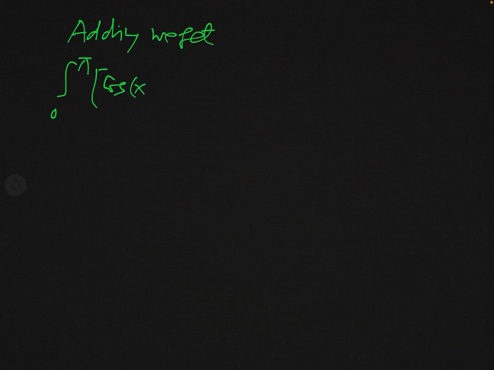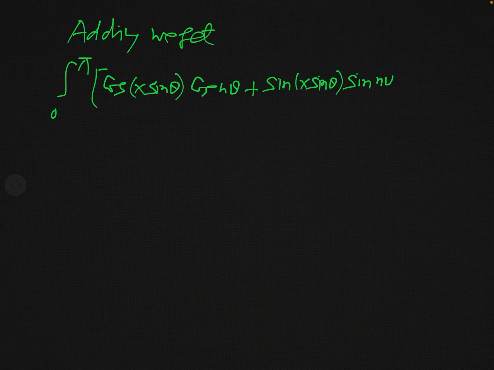So you can easily say that after adding these two equations, you can see this is integral 0 to pi cos x sine theta cos n theta plus sine x sine theta times sine n theta d theta, and that is simply equal to pi Jn of x, and in fact this result will be valid when n is either even or odd.